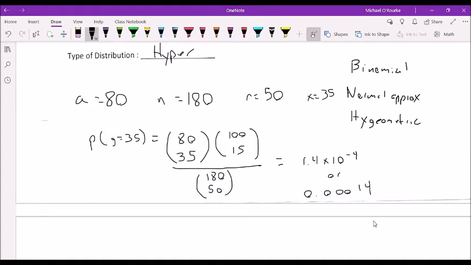All right, try it again. Did you press equal? Go 80 choose 35 times 100 choose 15 divided by 180 choose 50.